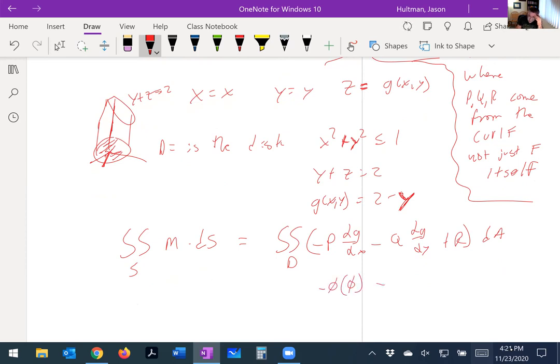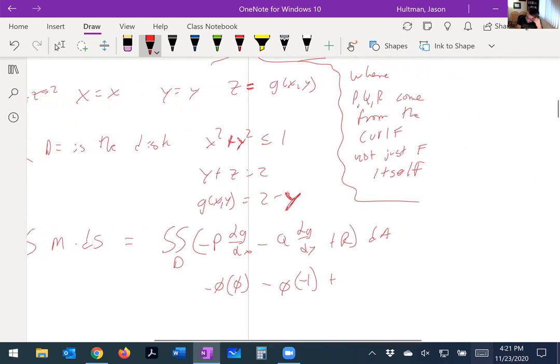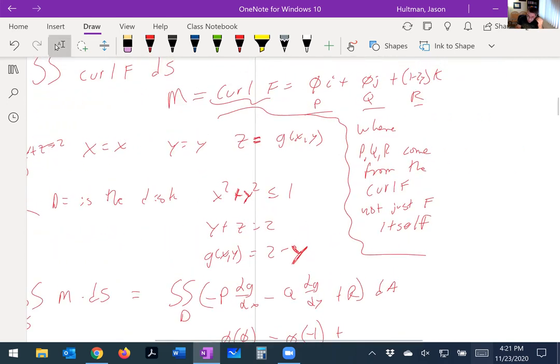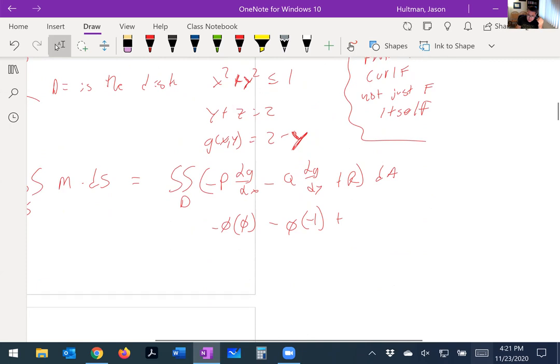This is going to be 0 times, well, this is negative 1, plus R. R is my 1 minus 2y.